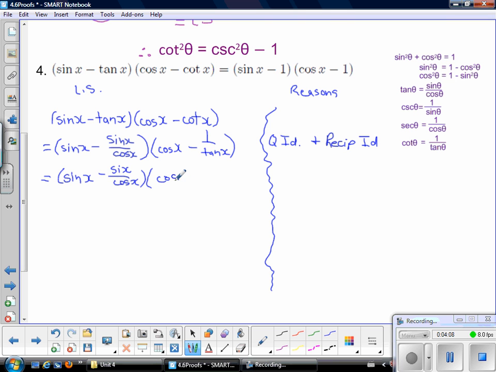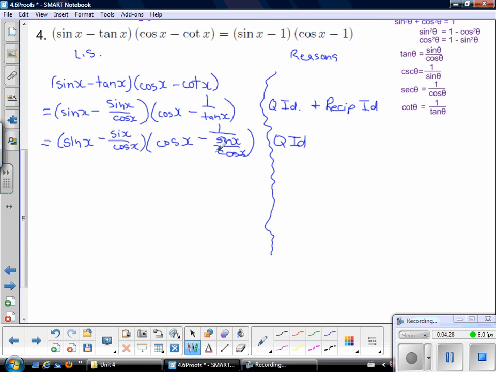I'm going to change that to 1 over sine x cos x. All I did there again was the quotient identity. And I'm going to straighten this up. I'm going to leave this alone, even though I'm thinking in my head, I'm going to make a common denominator there. I know it. I know it.